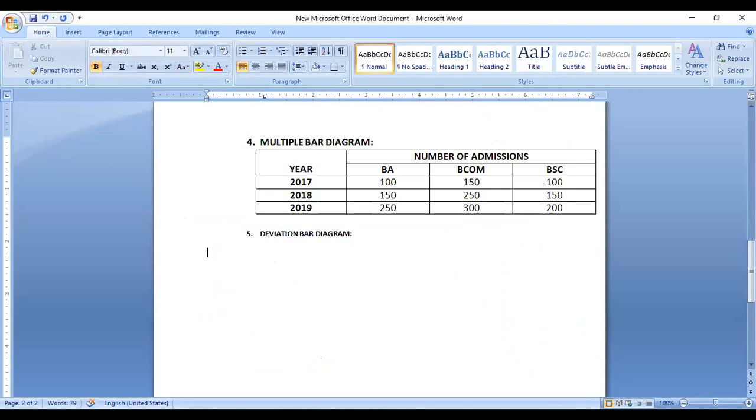See, deviation bar diagrams are used for presentation of net quantities. Net quantity means, let us take for example, you take the case of a business organization.